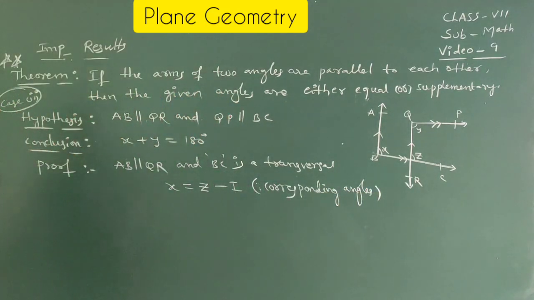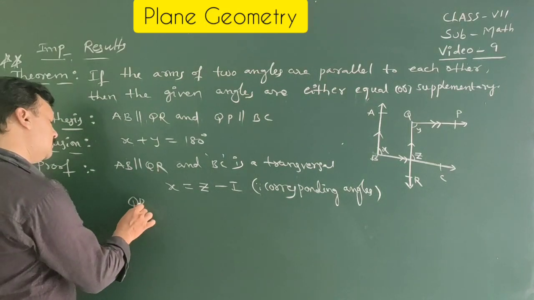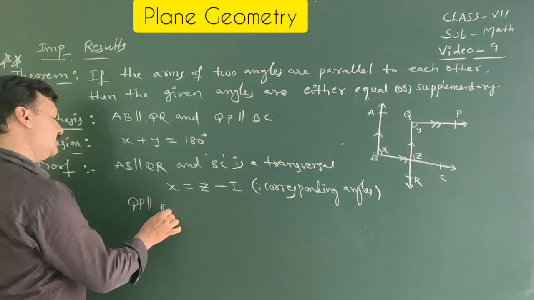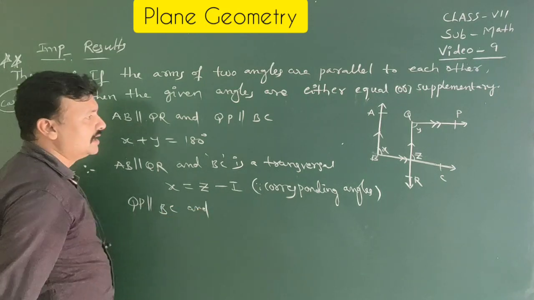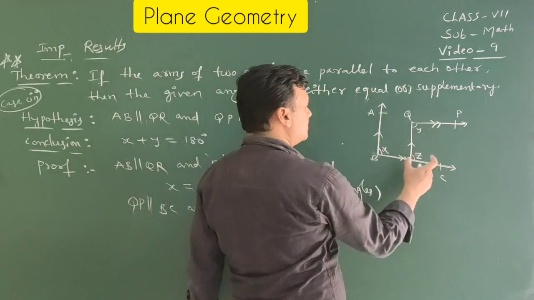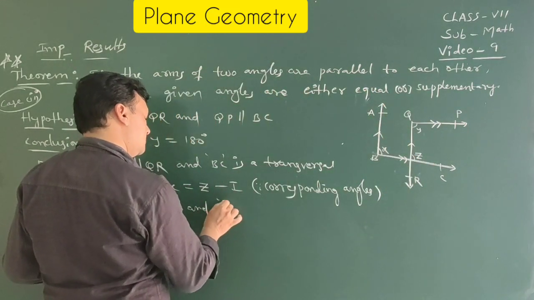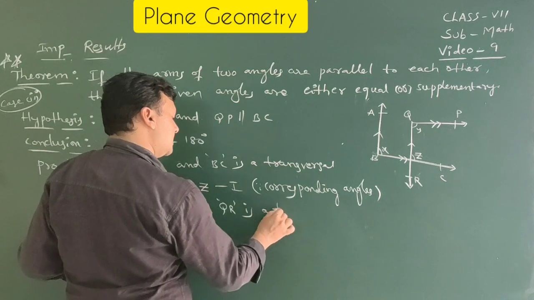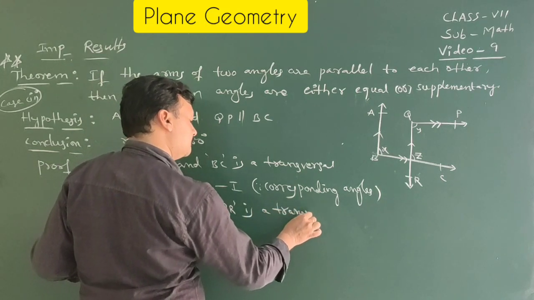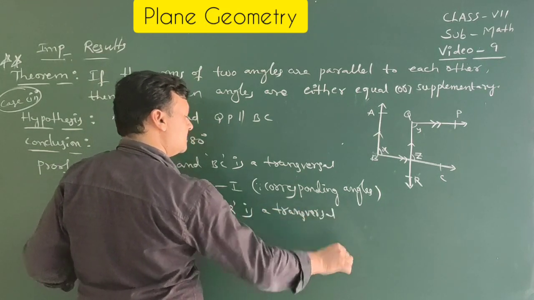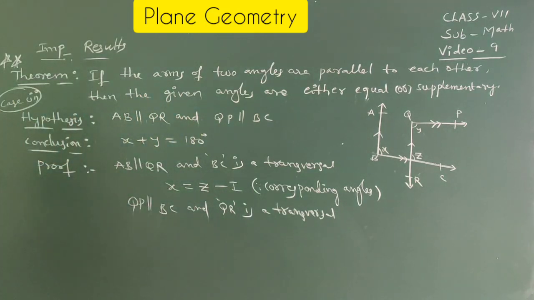If lines are parallel, the formed corresponding angles are equal. Second, PQ parallel to BC and QR is a transversal.